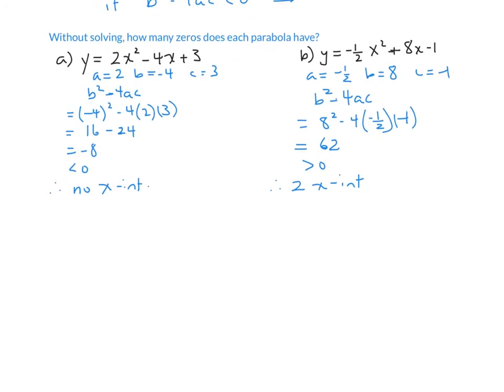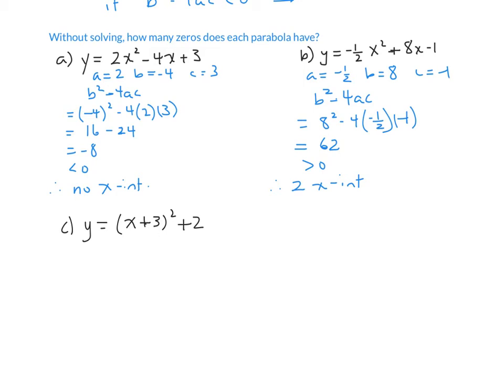All right, let's try another example here. I've given you a part C here just because. You'll notice that this is not in its standard form. Now I could expand and simplify and put it in its standard form, but I'm going to use my mathy senses here. This is vertex form.